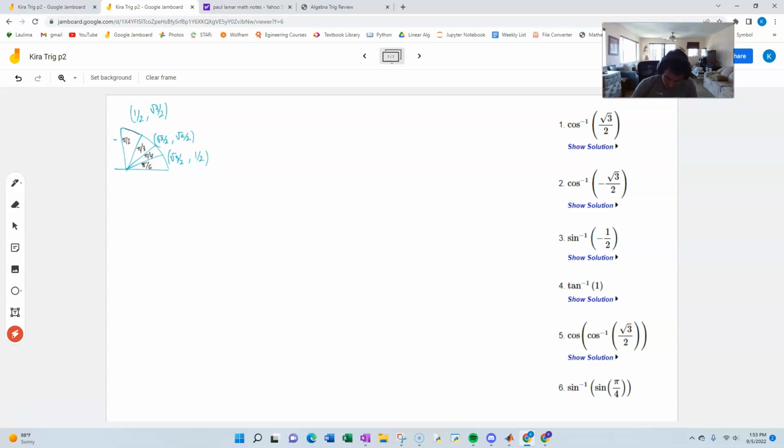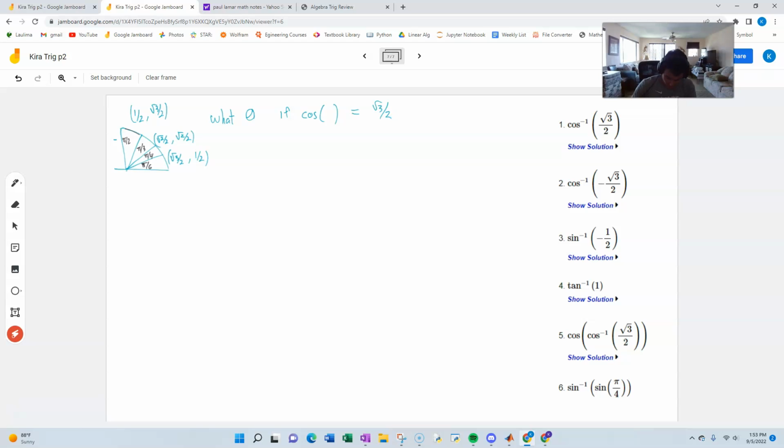So cosine inverse of square root 3 over 2, right? That's asking me what angle, if cosine, and instead of writing angle we'll use the symbol theta, what theta, if cosine, equals square root 3 over 2.